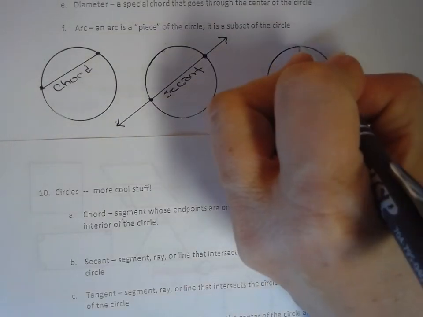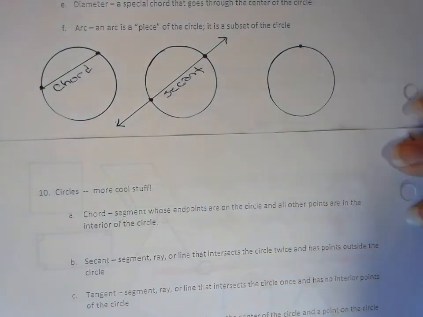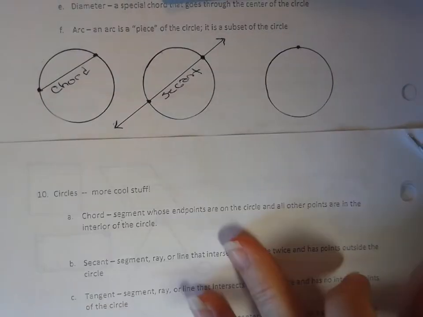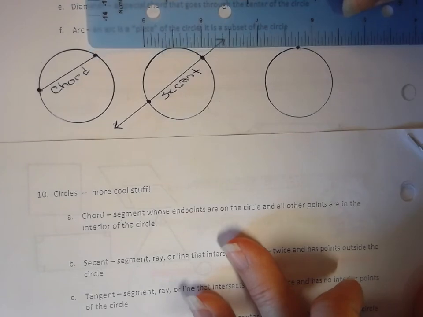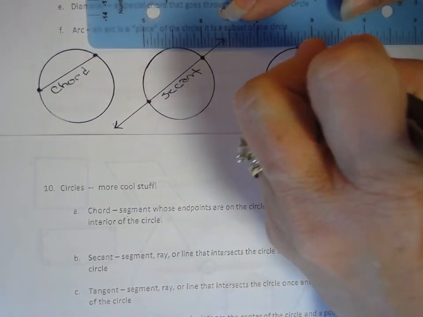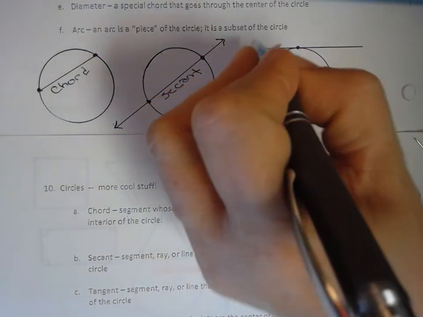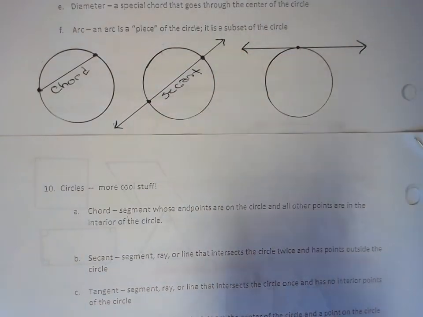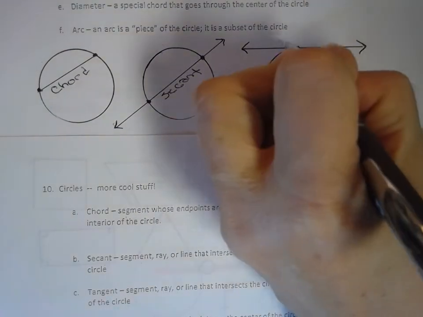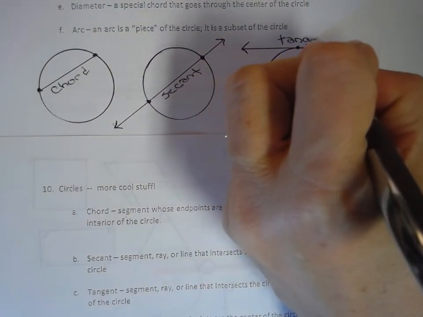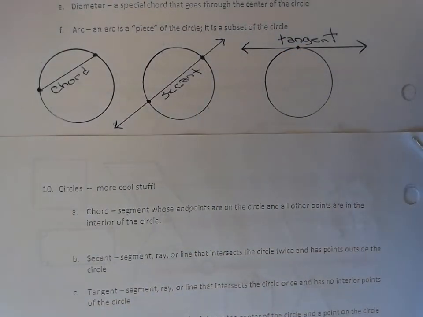So if that is my point right there, my tangent is just going to touch the circle in that one point, and every other point of that line, segment, or ray is going to be outside of my circle. So this is my tangent that touches my circle.